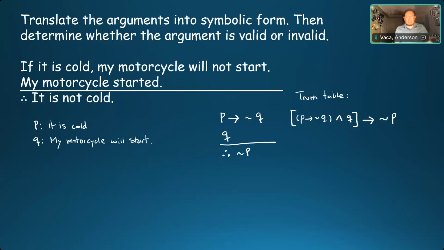Here I'm starting from scratch. So we need a column for P. We need a column for Q. Oh, this is where it is going to get fun. Again, we need columns for the premises.